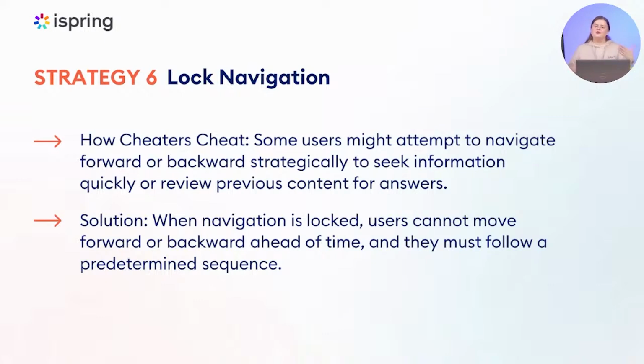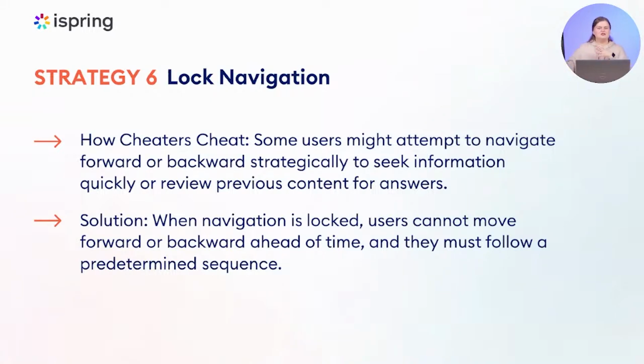Users cannot move forward or backward ahead of time, and they must follow a predetermined sequence. This helps prevent cheating because it keeps them focused on one question at a time, making it harder to find answers or get help from others.